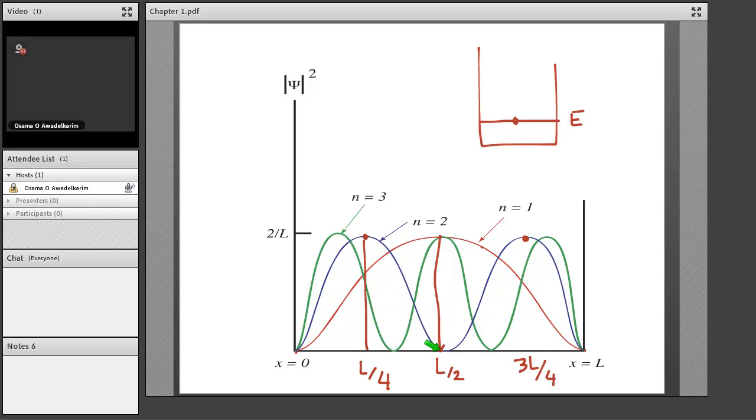So in energy state E2, most likely the particle would be at L over 4 or at 3L over 4. For n equals 3, we see 3 positions for the highest probability of finding the particle.